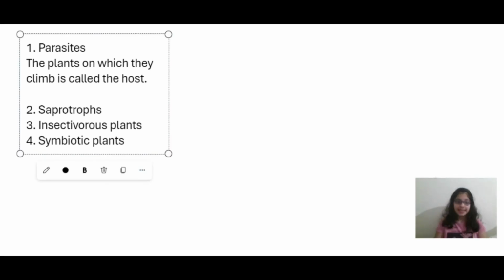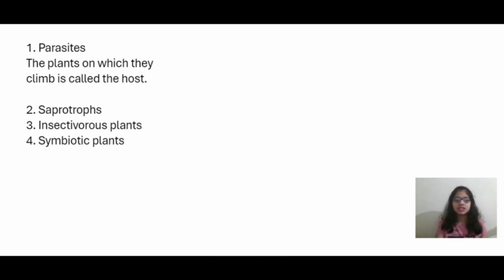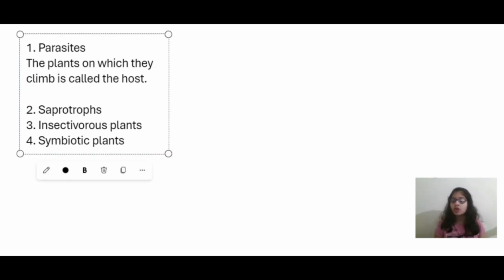Next is the saprotrophic nutrition, which are known as the saprotrophs, right? So you might have observed white patches on the packets of mushroom or on the bread. When we leave the bread in open air, white patches appear on the bread. What is this known as?